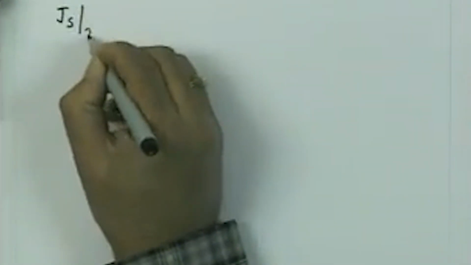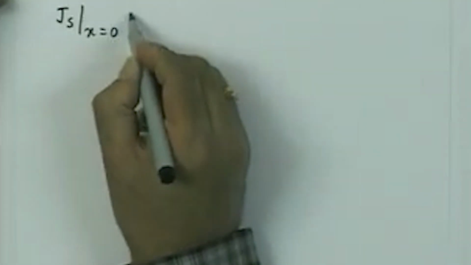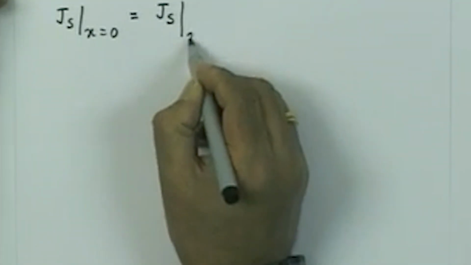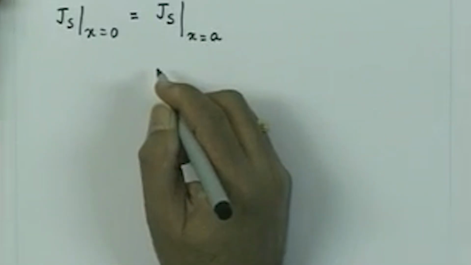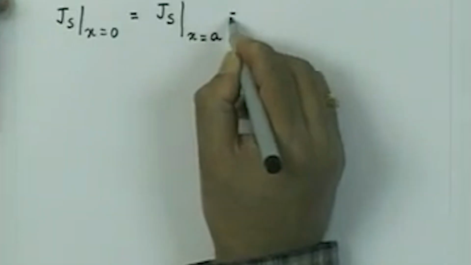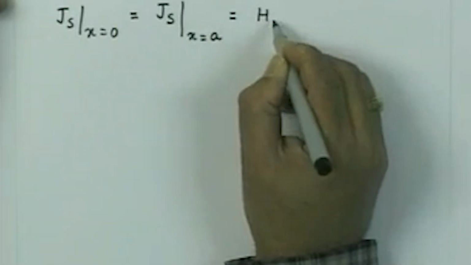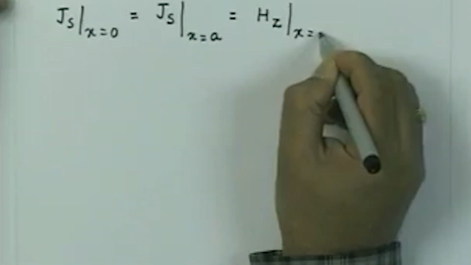So, at x equal to 0, that is same as the surface current at x equal to a wall, and that is equal to the Hz at x equal to 0.